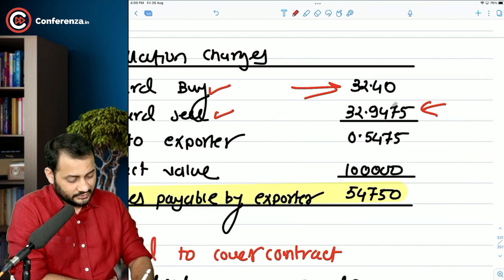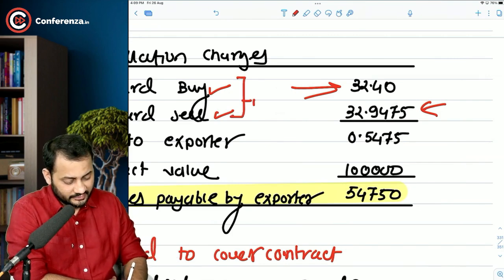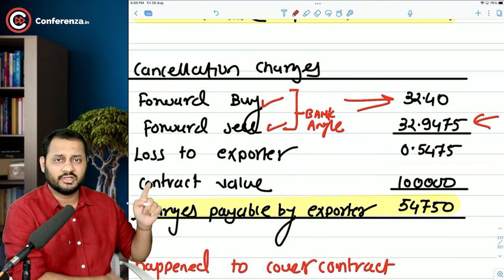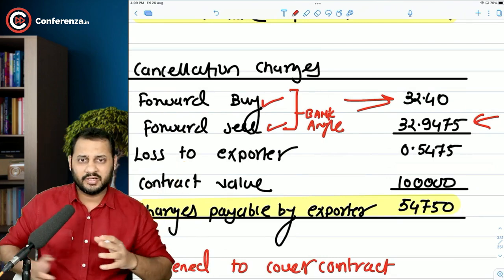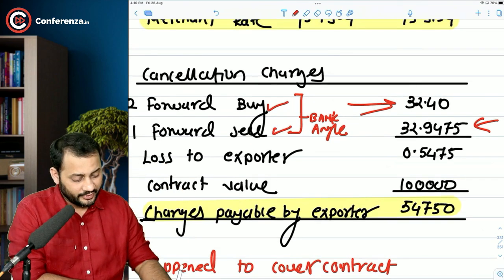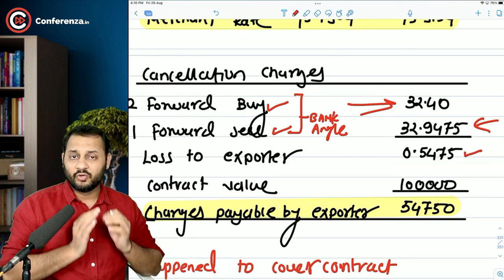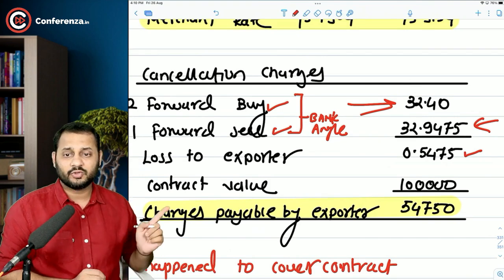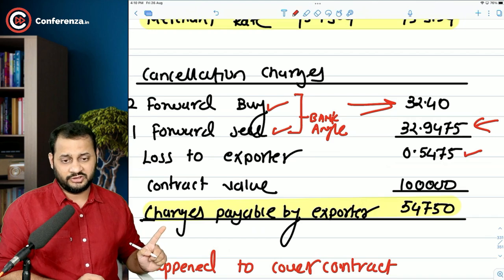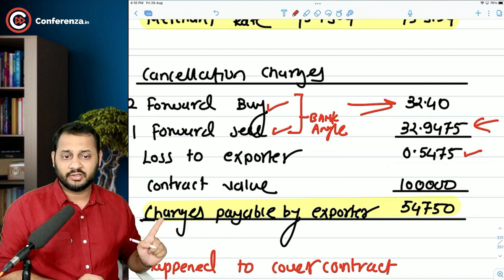Let me make it clear that this is from the bank's angle. So yes, profit is there, but to the bank. For the exporter, it's a loss. If there is a profit to one party, there will be a loss to the other party. Loss of 0.5475 rupees per Swiss franc, and the total contract value was 1 lakh Swiss francs in this question. So charges payable by the exporter come to 54,750.